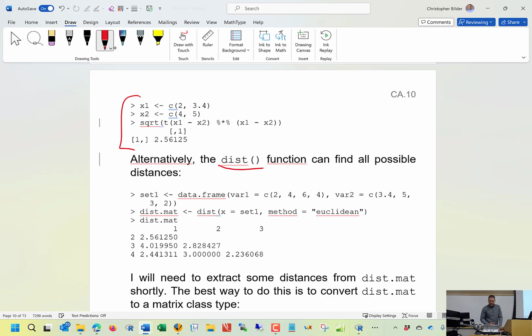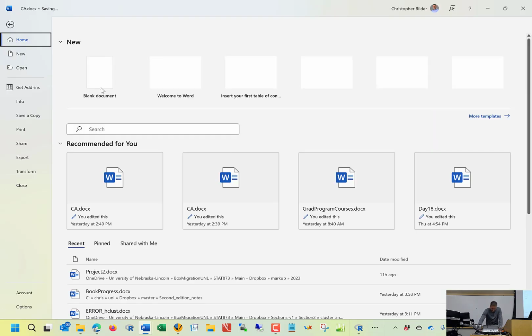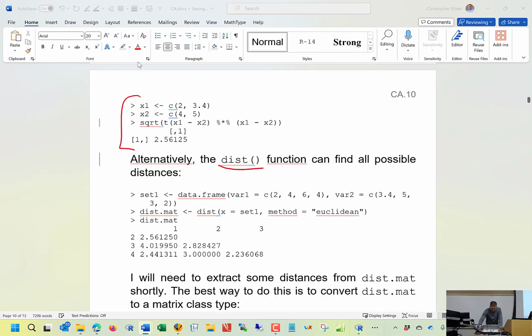Fortunately, there's a nice function in R called dist that will find all distances between your observations. So how did I use it?